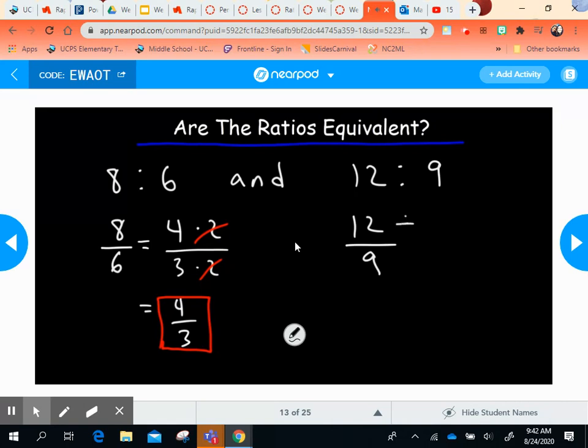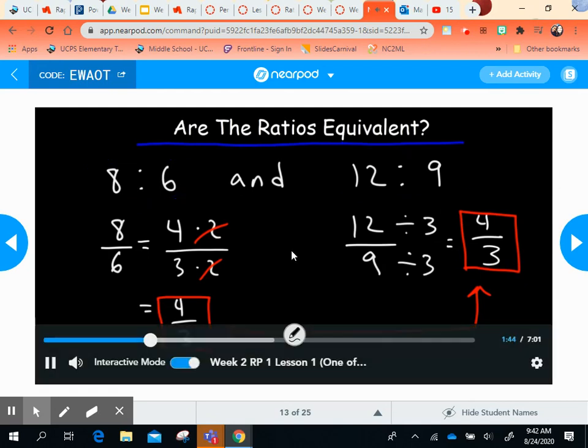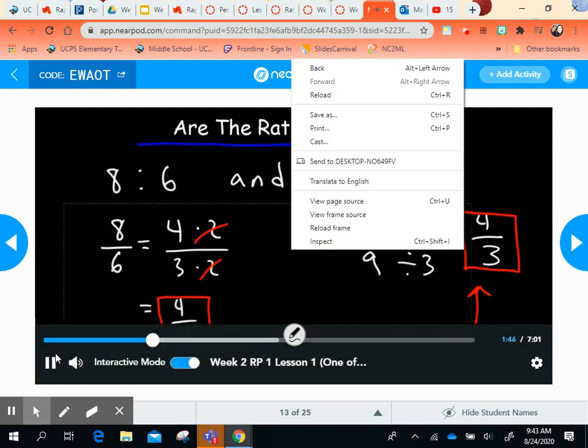Now, both numbers are divisible by 3. 12 divided by 3 is 4. 9 divided by 3 is 3. So notice that both fractions simplify to the same result. So this means that these two ratios are equivalent to each other. Now let's talk about the second method.